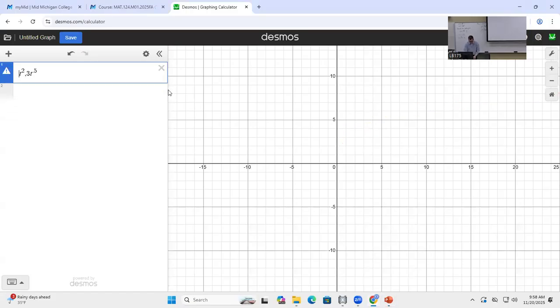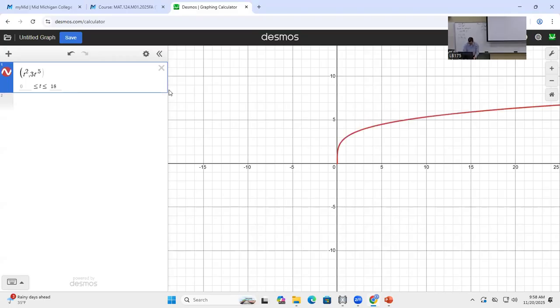If I did square root of t plus 1 on the outside, and then 3 times e raised to the t power. Even if I put like -12 there, it's not going to work.